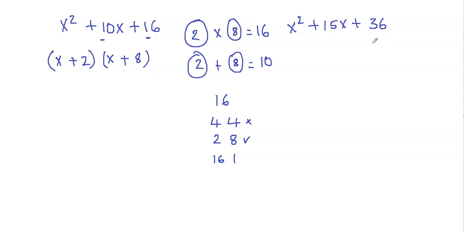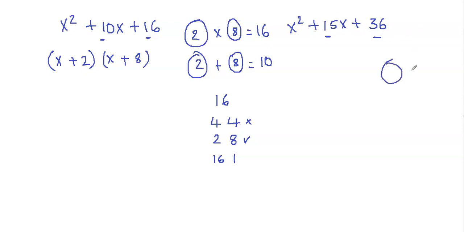Now let's take a look at this example. In this one, I need to think of two factors that multiply to give me positive 36, but when added should give me positive 15, right? Because we need to think of two factors that multiply to give us the constant term, but when added should give us the middle term's coefficient, right?